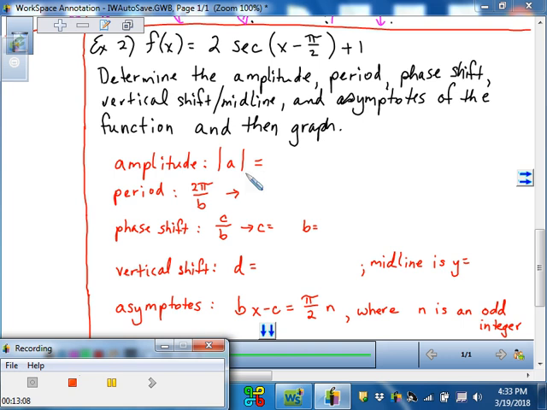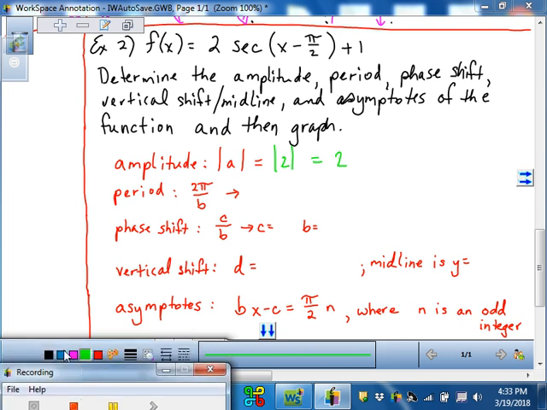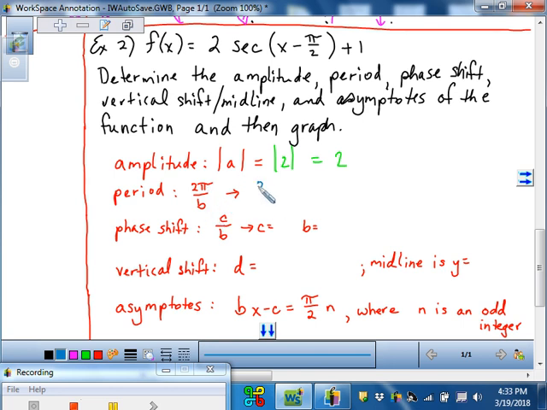So first off, our amplitude is the absolute value of a, so we have the absolute value of 2, which is equal to 2. No reflection on this one because a is positive. Period, 2 pi divided by b. Our b value on this one is 1.